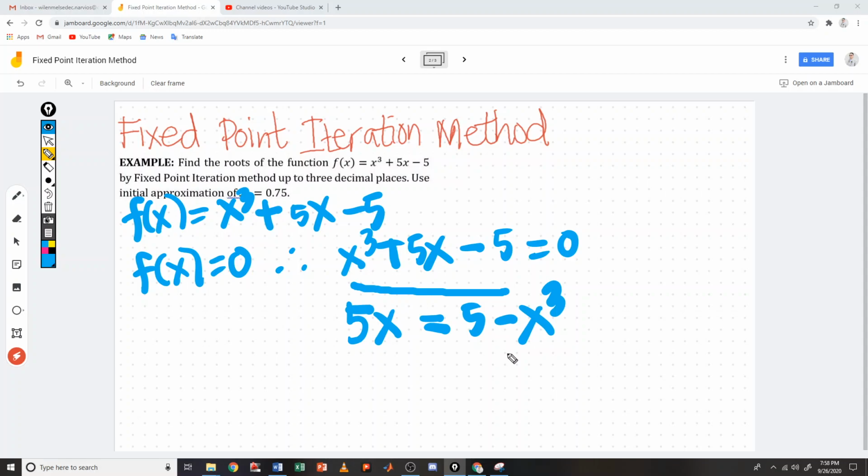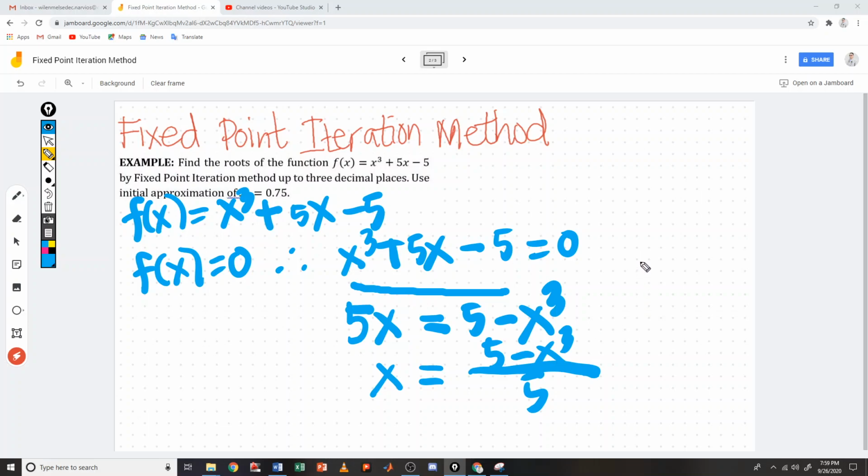So we have the value of x which is equal to (5 minus x cubed) over 5. That is our governing equation, or this is our first attempt at the approximation equation that will converge to the root of the function. Okay.